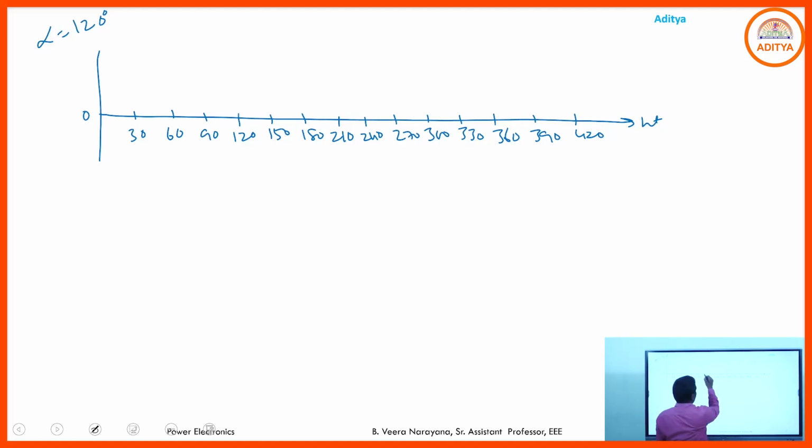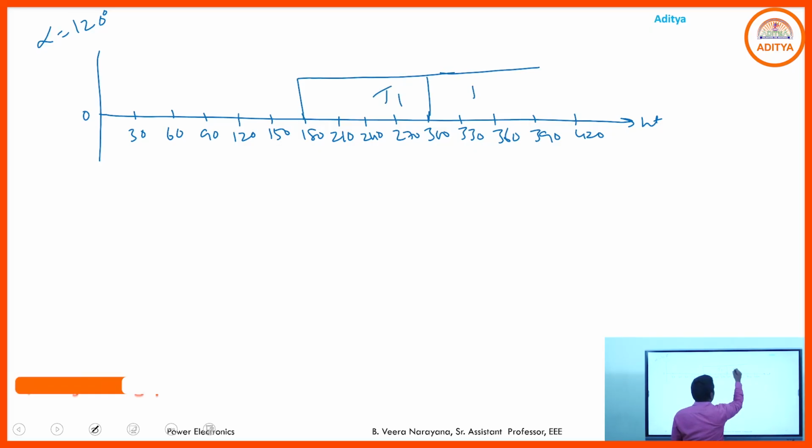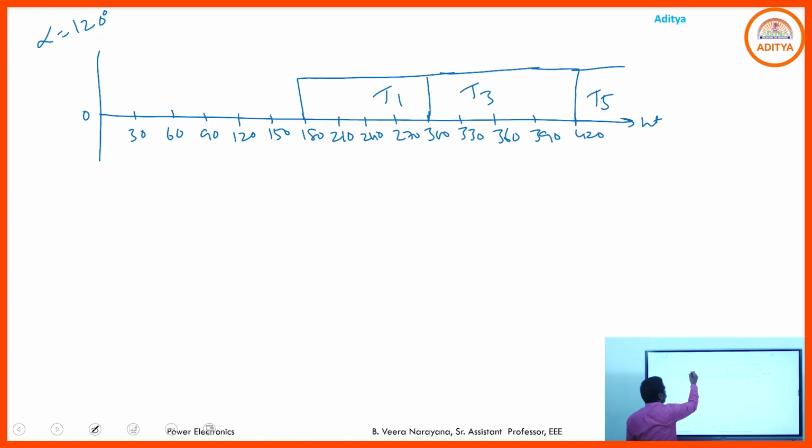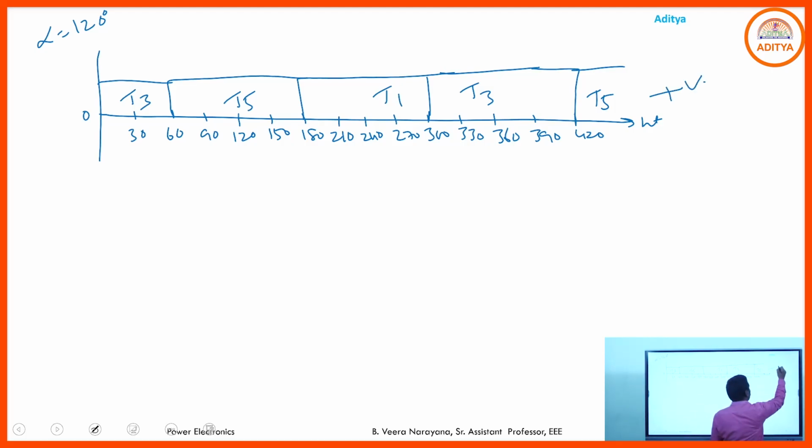At 180. So from 180 to 300, T1; 300 to 420, T3; next T5. Before T1, T5 ending portion is 180, then the starting portion is 180 minus 120, 60, and between 0 to 60, T3. Here these are the conducting periods of the positive group SCRs.